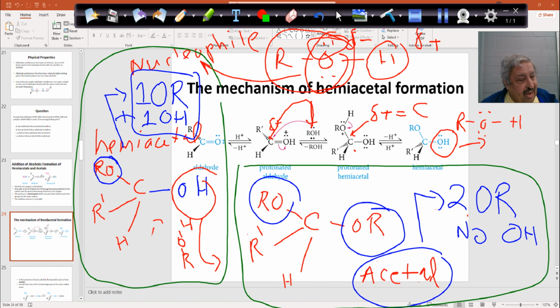The hemi, the half of it, will be one OR and one what? OH. See the difference between those? Two OR, no OH. Here you have one OR and one OH. See the difference? Everybody is following me here? That's what I wanted you to learn. About the mechanism, forget about the mechanism.